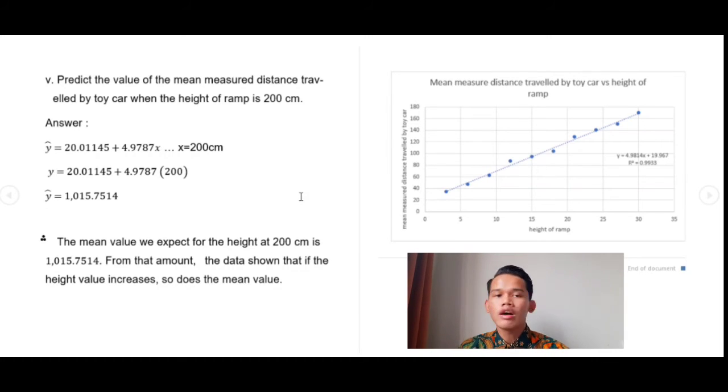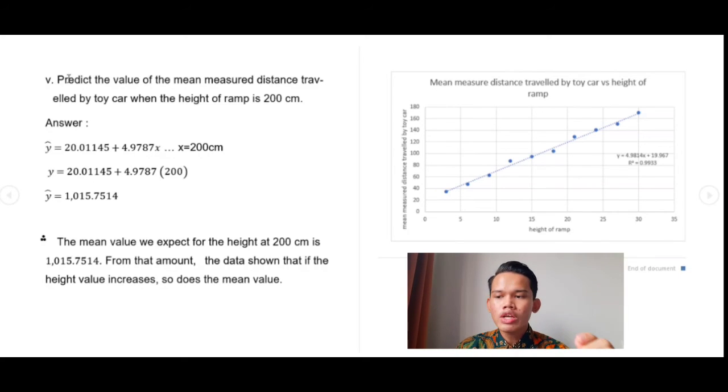I will start by reading the question: predict the value of the mean measured distance traveled by the toy car when the height of the ramp is 200 centimeters. In this case, I will take the equation from the previous question.